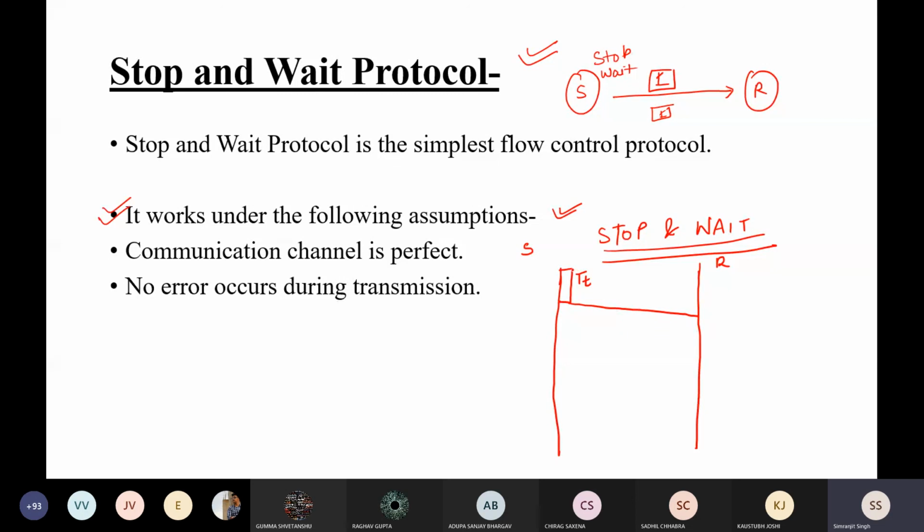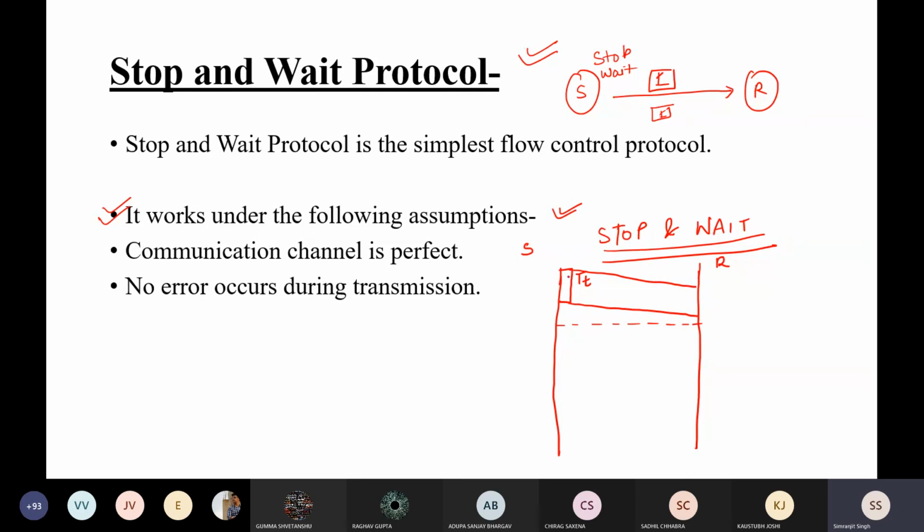This is the packet that is received by the receiver. The first time is your transmission time. The second time is this particular time, the propagation time. Now the sender has put the packet onto the link.